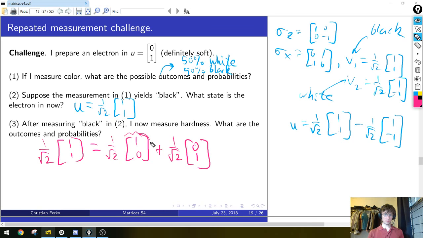Yeah. So 1, 0 was hard, and 0, 1 was soft. And the probabilities are proportional to the norm squared, the absolute value squared, of these coefficients. So what are the probabilities of hard and soft?